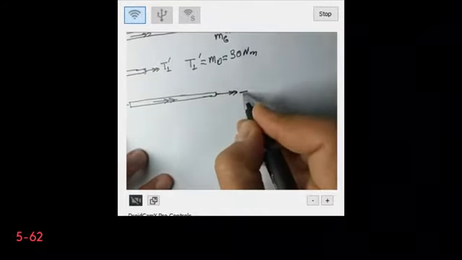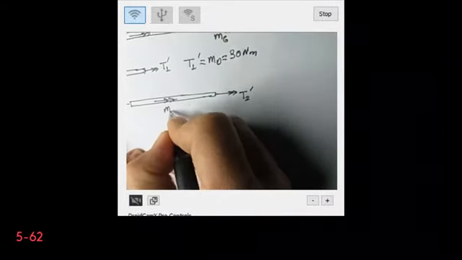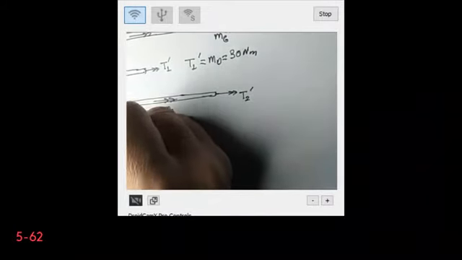So this is T2 prime, this is M2, and this is MD.